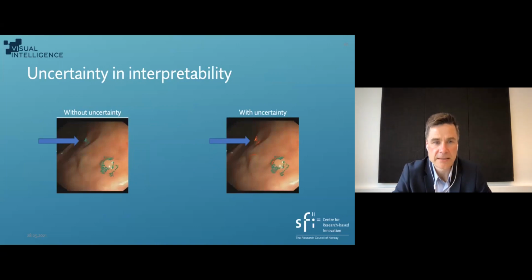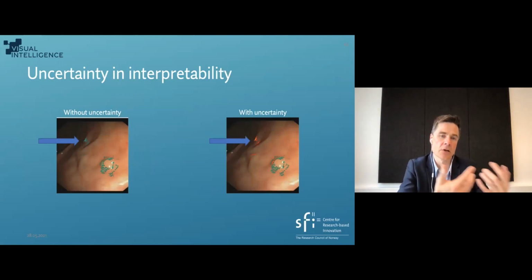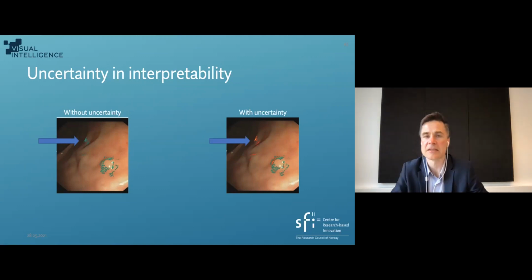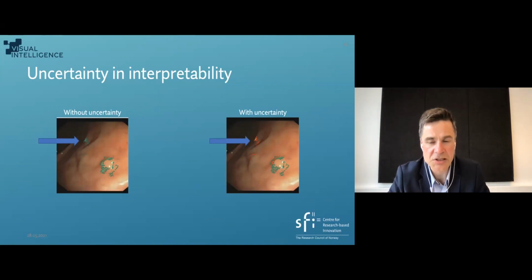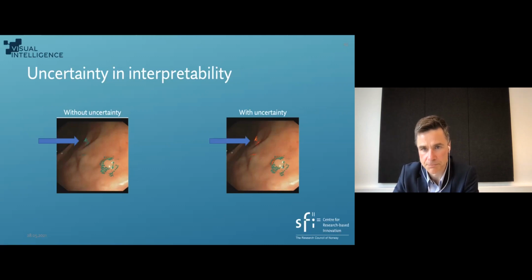Now you can see that if you only use guided backpropagation on the left-hand side, all these pixels are quantified to be equally important. But when you use our method in addition, you see that all these pixels are quantified to be important, but we are more uncertain about those pixels that are colored red. That's based on our extension of guided backpropagation. And the green pixels are the most confident, important pixels.